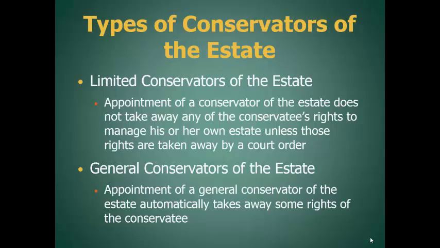Each of these powers and rights may either extend to all of the conservatee's rights or may be limited to specific items. These details in the court's order should also be reflected in the letters of limited conservatorship.